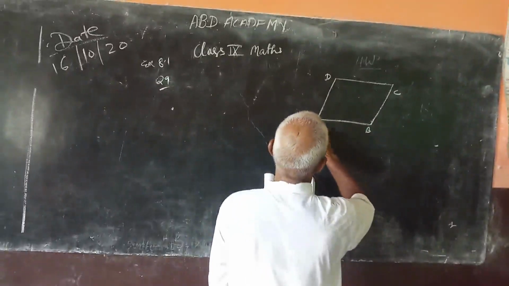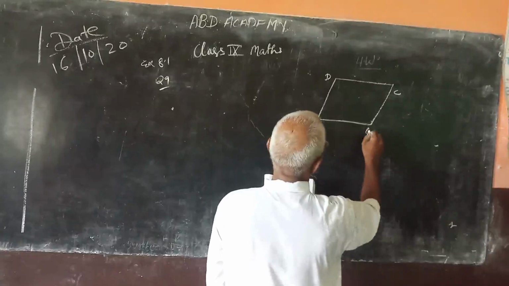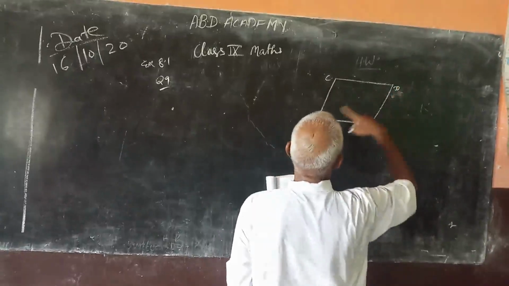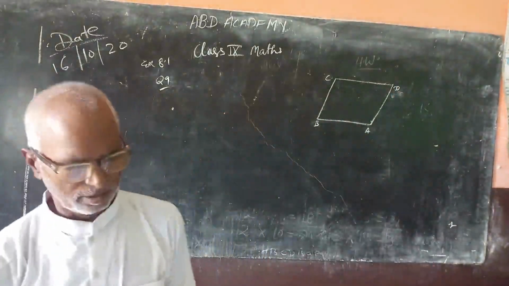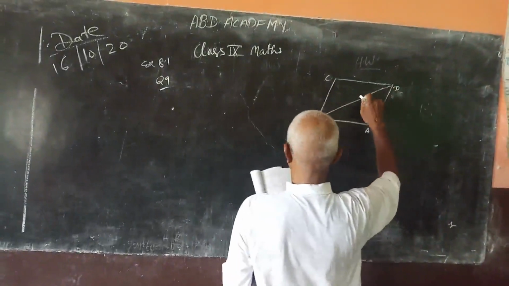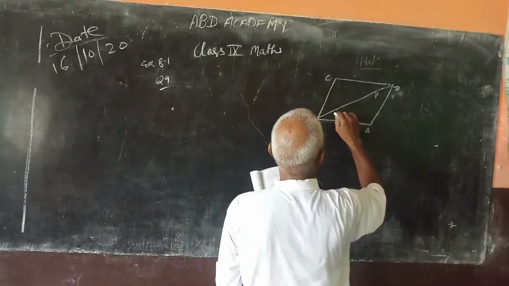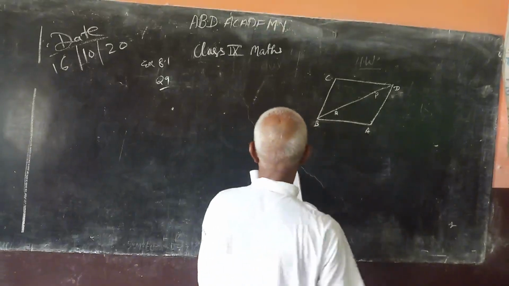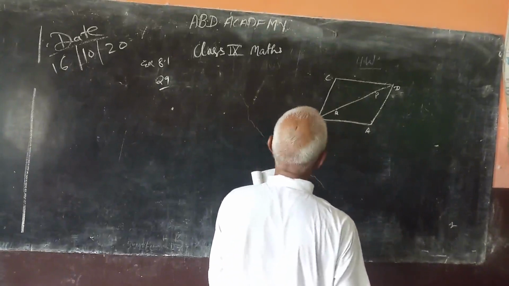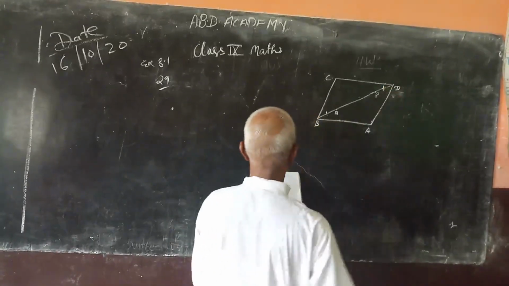BD is the big diagonal. Here must be A, B, and here C, D should be taken. BD is a diagonal, and 2 points, here is P and there is Q. P and Q are taken on the diagonal such that DP and BQ are equal.